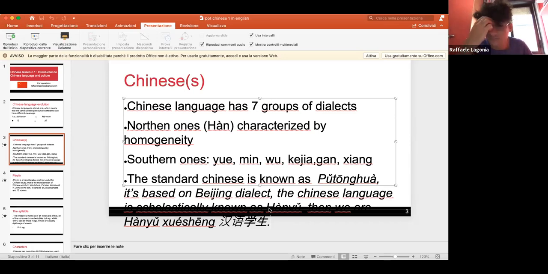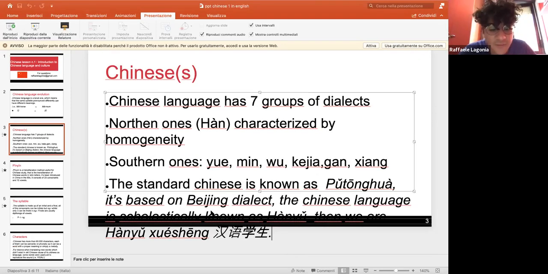Sorry, I have to write the chart. Forgive me. So as I was saying, we will be Hanyu xuesheng, where Hanyu is the scholastic term to indicate the Chinese language. Xuesheng is the word that means students.